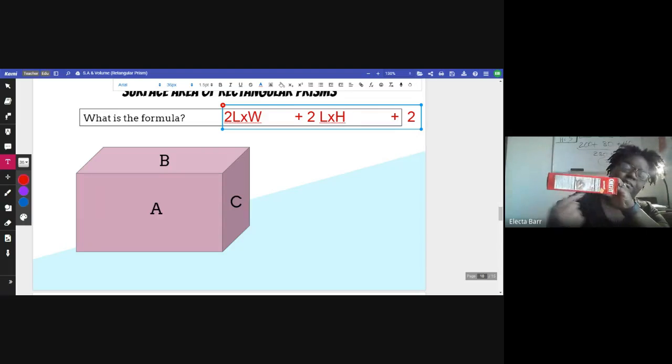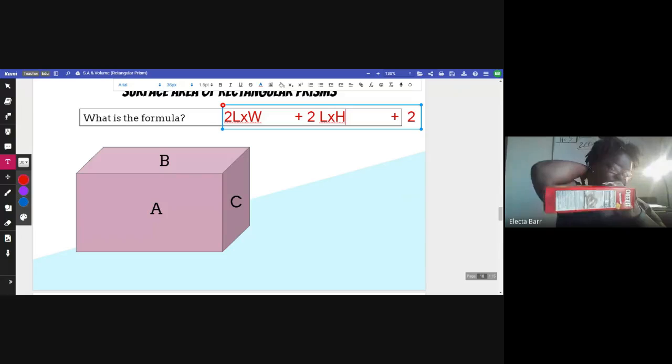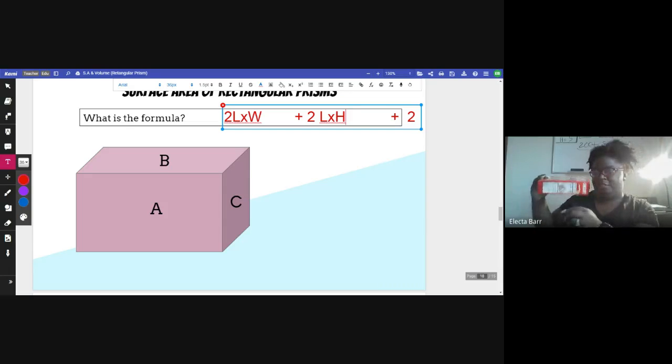So for each side B, to find the area, it would be our length times our height. That's how we'll find out what the surface area is. And then for part C, that was this right here. Once again, I'm looking at it just like how I've been holding it the whole time.